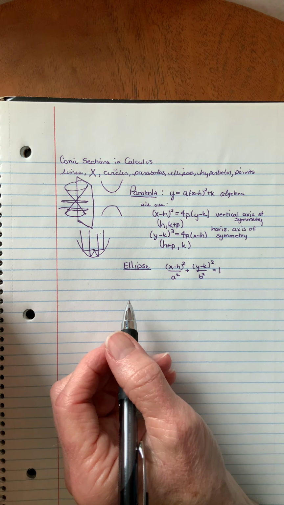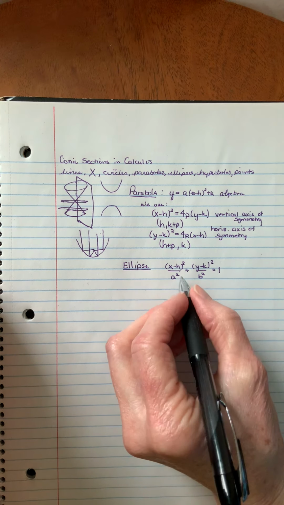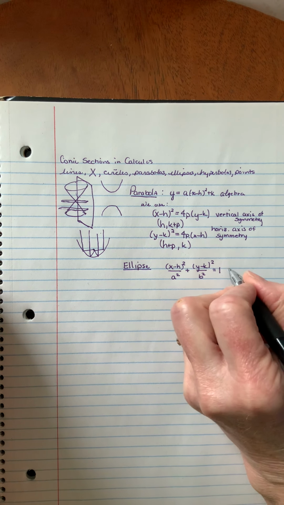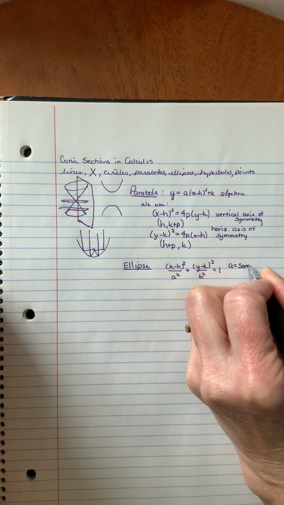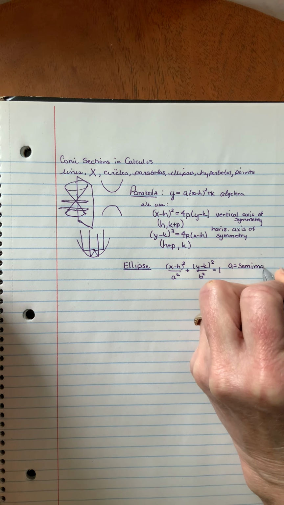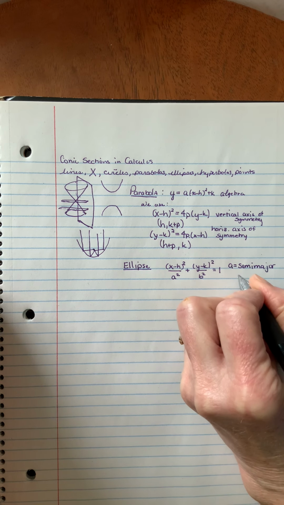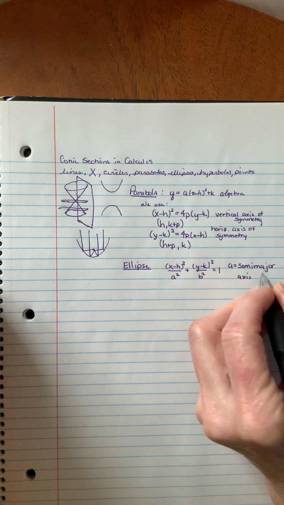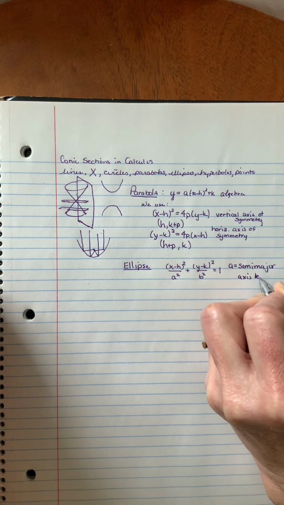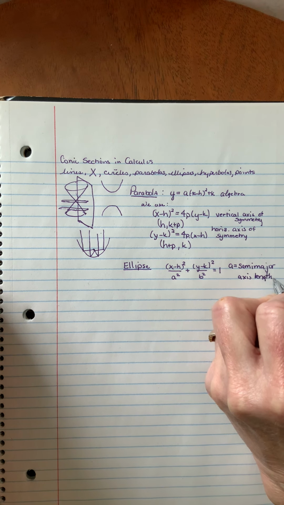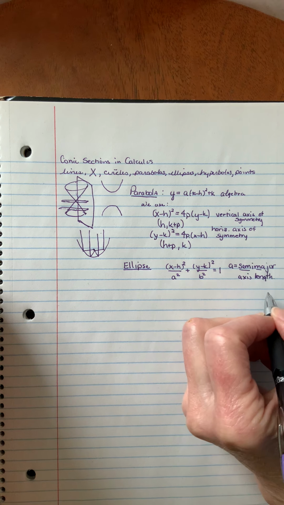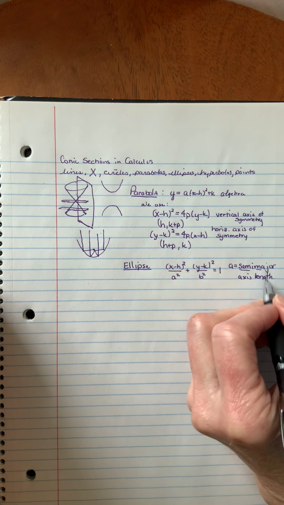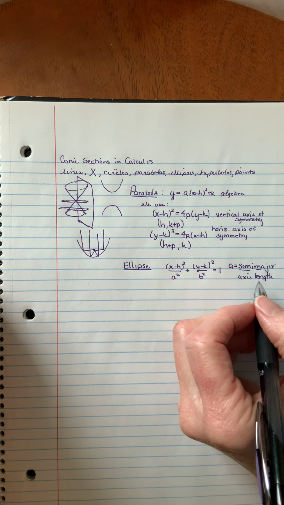So we've got to deal with a. So a has got to be equal to the semi-major axis. It's actually a length if you take a positive value for a. Now, what is semi-major? Well, it's half of the major axis. Semi is half, and major is the long axis. That's all it means.